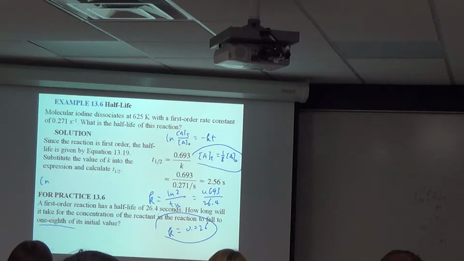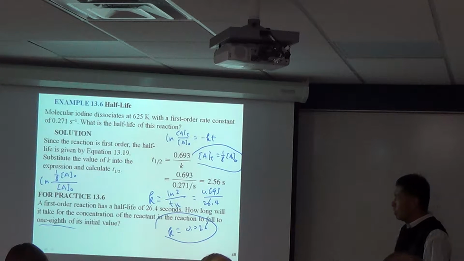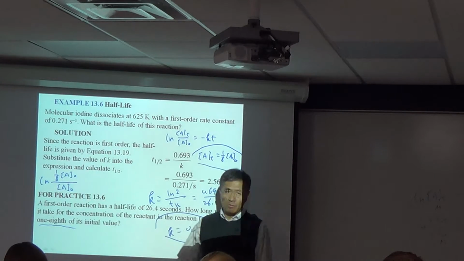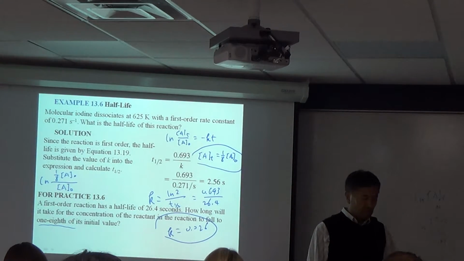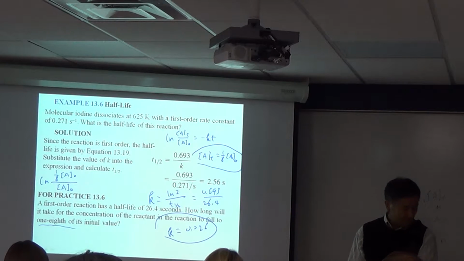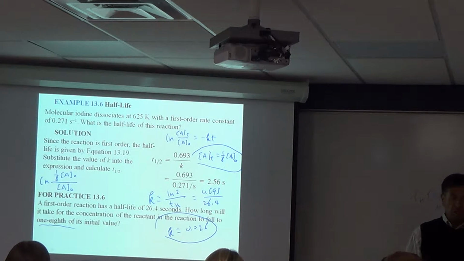So we'll replace At by 1/8 of A0. Initially At was the concentration of A at time t. Now we rewrite the denominator, which we call A0. Any questions? How do we get that 1/8 A0? What does that mean? You read the question carefully.